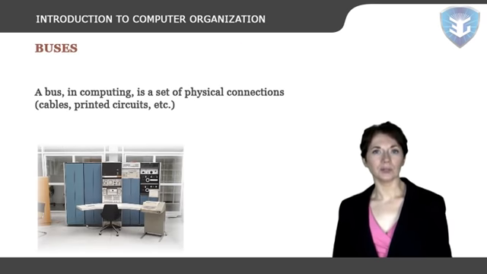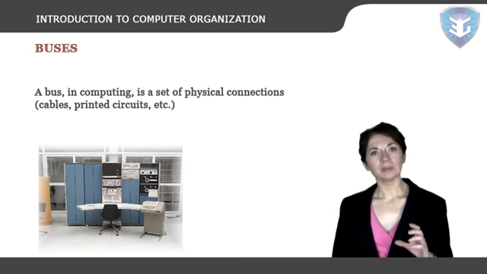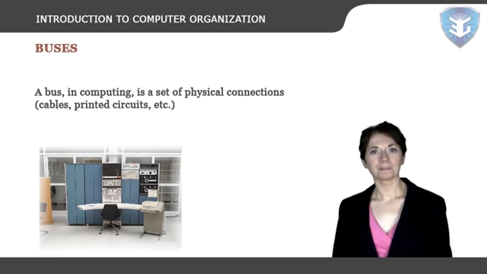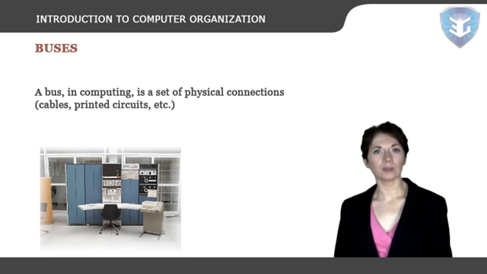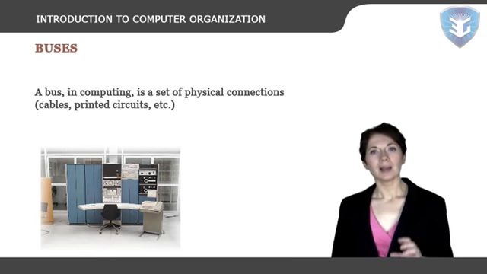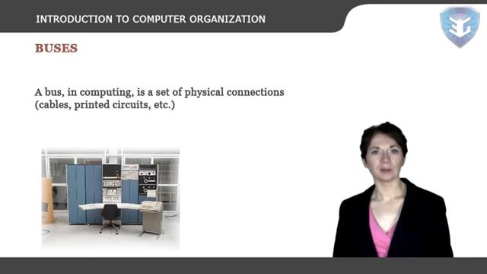A bus in computing is a set of physical connections, cables, printed circuits, etc., which can be shared by multiple hardware components in order to communicate with one another. The purpose of buses is to reduce the number of pathways needed for communication between the components by carrying out all communications over a single data channel.